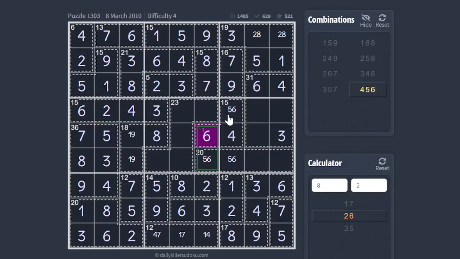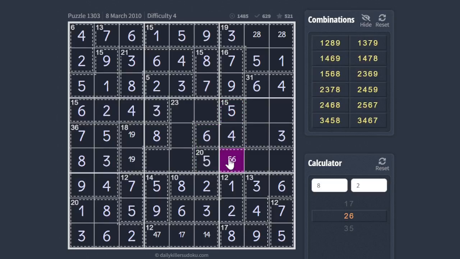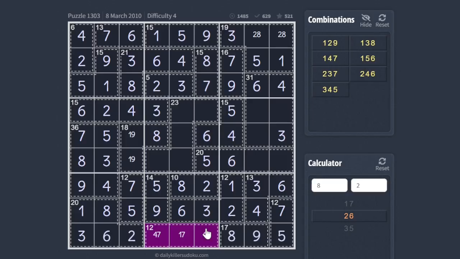this is a 6, and that makes this a 5, makes this a 5 as well, and this is a 6. Can we resolve that? No. Can we resolve any of these? Still no. But here we go. Look at this.